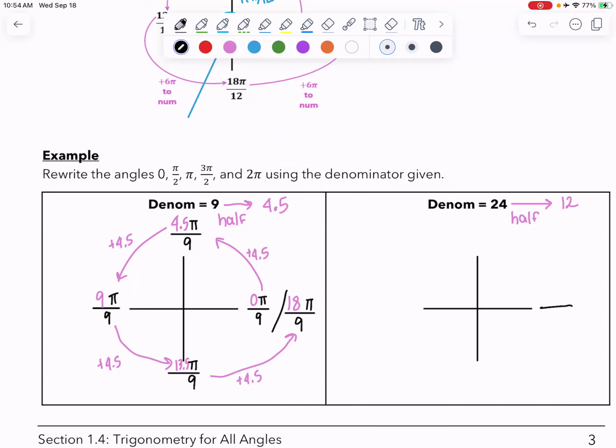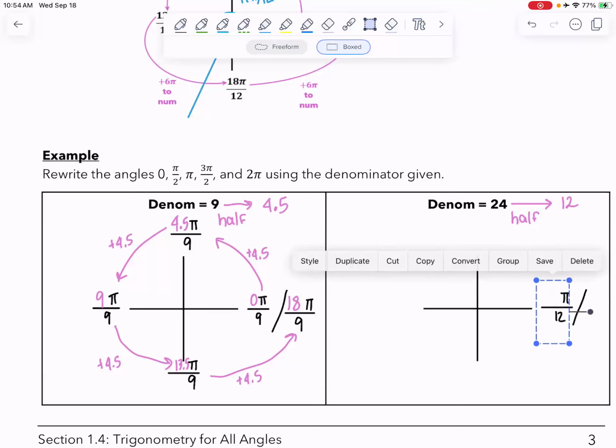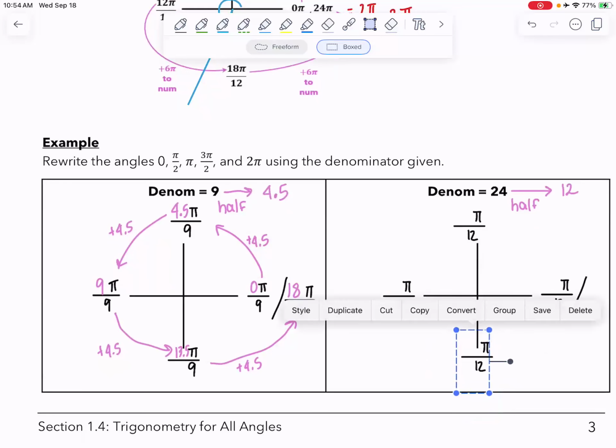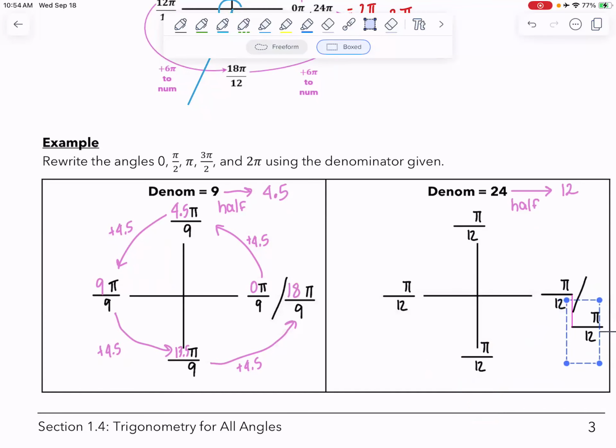So I'm going to do this smarter than I did it before. Let's see. I'm going to duplicate, duplicate, duplicate, and duplicate one more time. There it goes. All right, so we start with 0. Oh man, I just did that over 12.